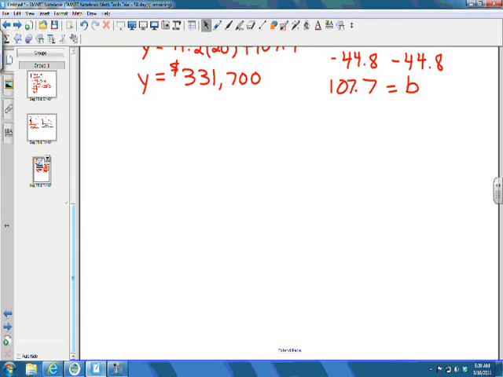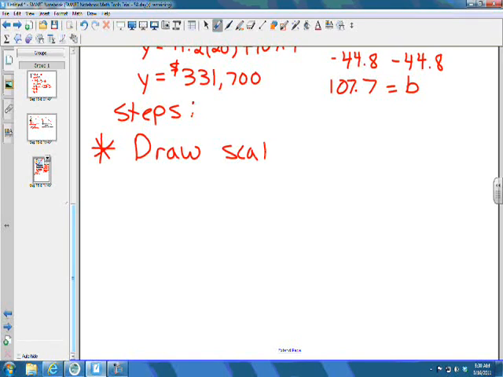So let's write some steps down for you to follow. What's the first thing we did? Draw the scatter plot. Lots of points. What do we do after that?